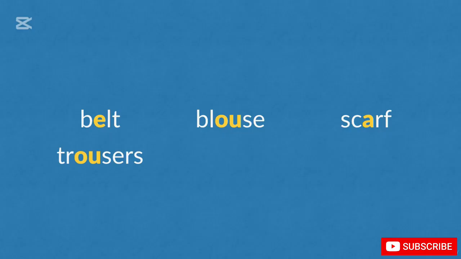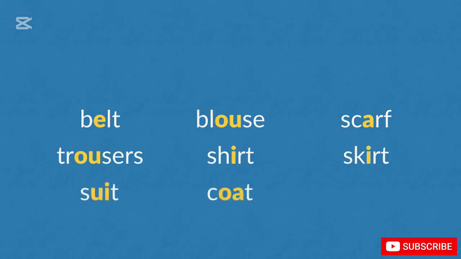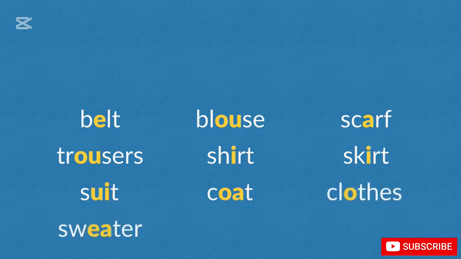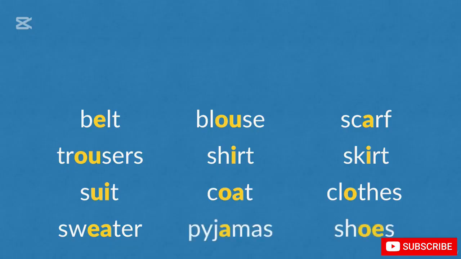Here are the 12 words: belt, blouse, scarf, trousers, shirt, skirt, suit, coat, clothes, sweater, pyjamas, and shoes. So let's do this together.